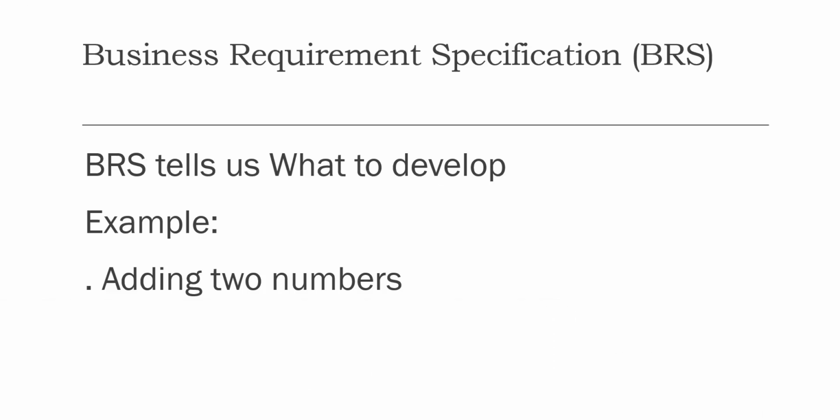Generally the main SDLC process starts with the requirements gathering process, and in this the BA, the business analyst, and the PM, the project manager, prepare the BRS document. The BRS document consists of the complete scope of the project, meaning the performance of the project, the usability of the project, and the functions of the project.